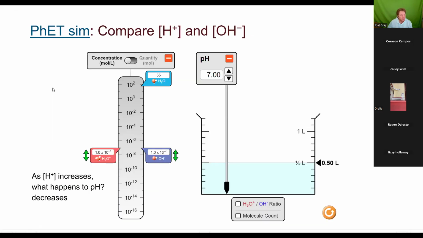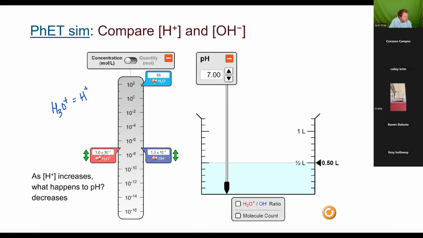So we played around with this the other day as well, where we were looking at the concentration of H3O plus and hydroxide ions. Now, one thing that I want you to take away from this is that H3O plus is effectively the same as H plus.